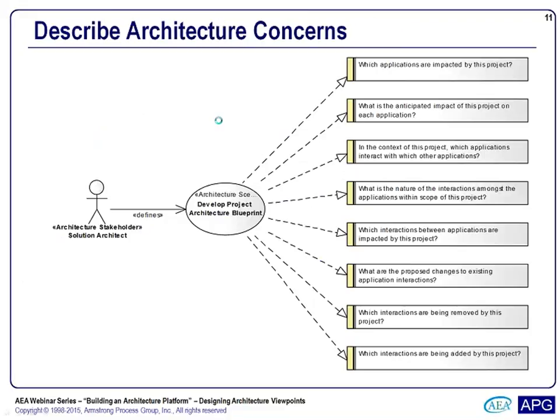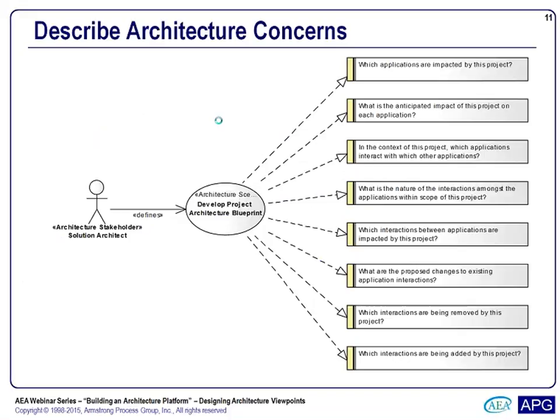So we're going to take a closer look at one of these stakeholders and one of these scenarios, in particular the solution architect and the scenario of developing a project architecture blueprint. One of the concerns they have, and those are the rectangles you see on the right of this diagram, is: which applications are impacted by this project?